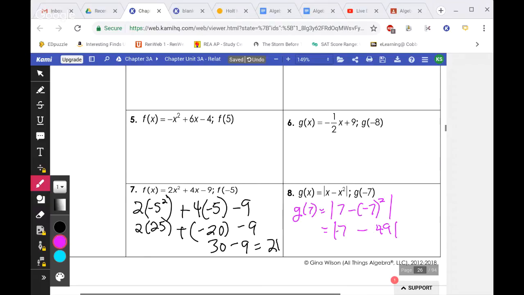Oh, and that's a -7 here. My apologies. So -7 minus 49 is going to give me -56. And the absolute value of -56 is 56. So G of 7 is 56.